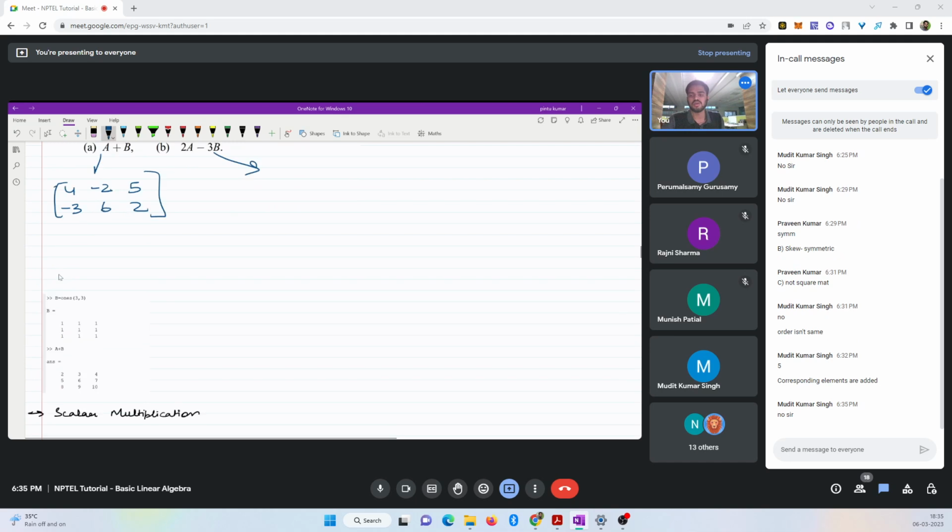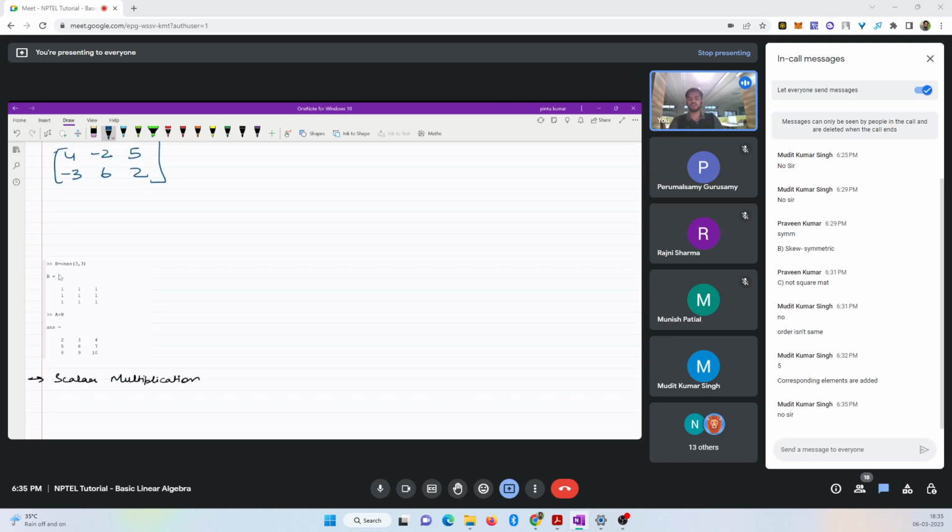Okay. So here is a MATLAB snippet. If you want to add two matrices, A I already defined the way I told you. I have defined a matrix B to be ones(3,3). What this means is that this would define a matrix of size 3 cross 3 where all the entries are 1. So I have defined a matrix of size 3 cross 3 and I've added it to the existing matrix.